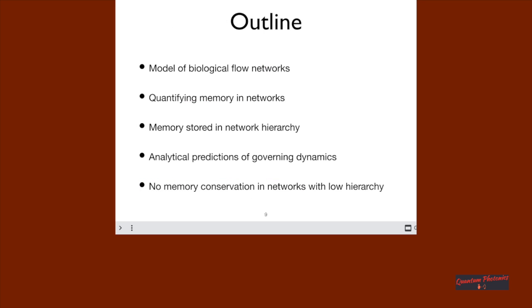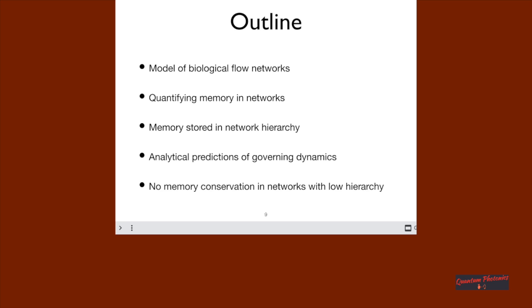Through this talk, I have created an outline in slide 9 where I am explaining what I will describe during this presentation.